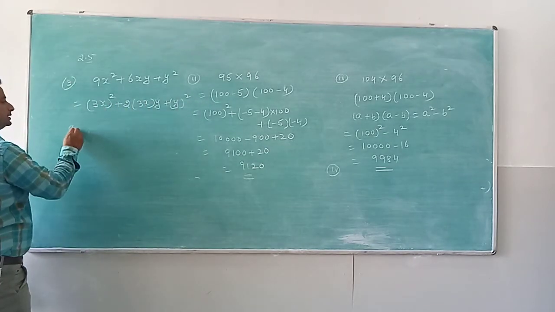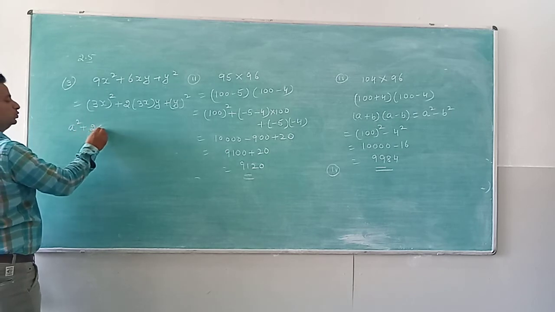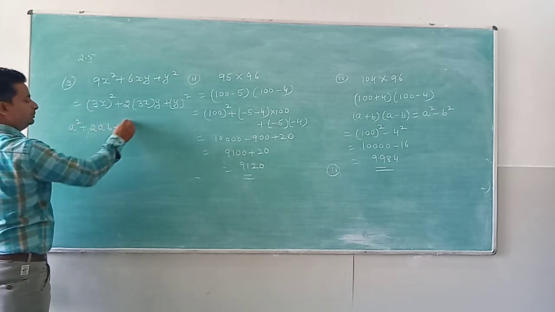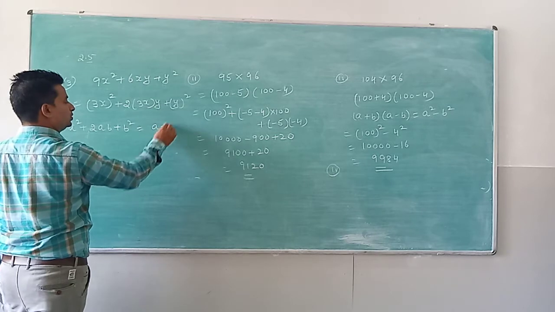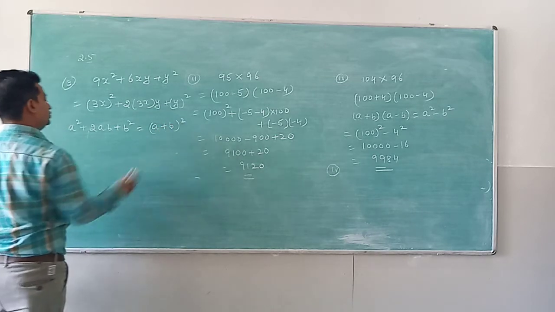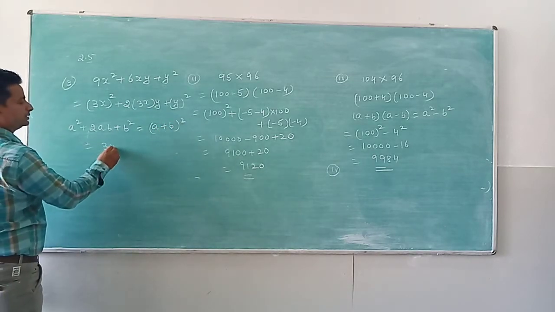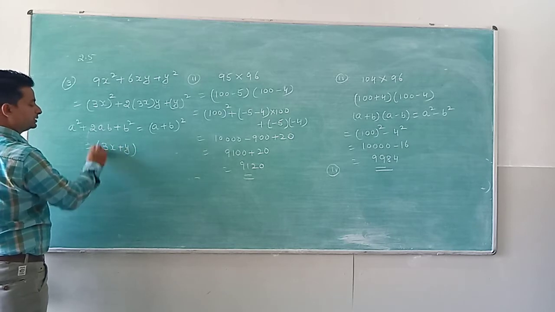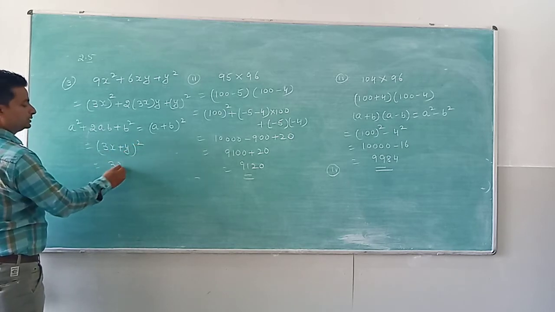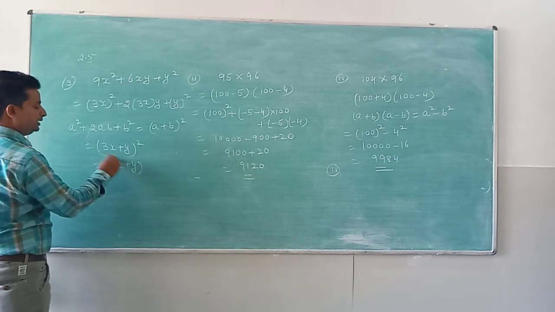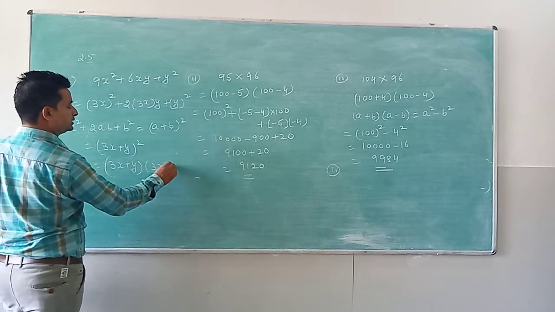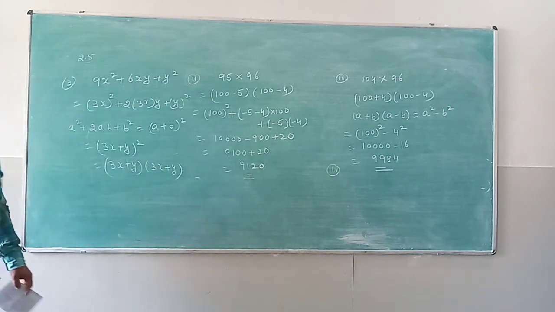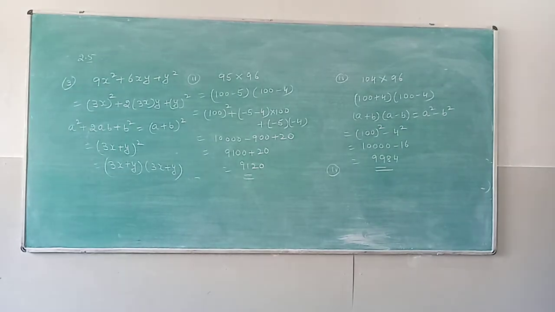This identity is a² + 2ab + b², which is equal to (a + b) whole square. So in this, a is 3x, b is y. So the answer is (3x + y)(3x + y). These are the factors of this question.